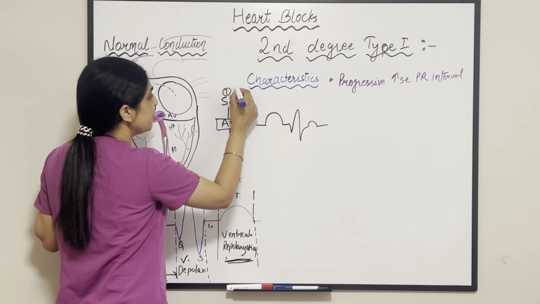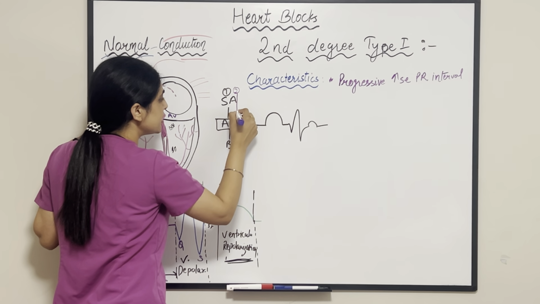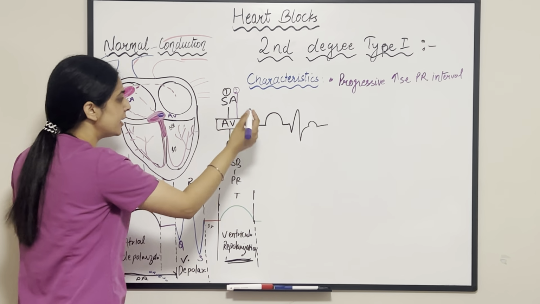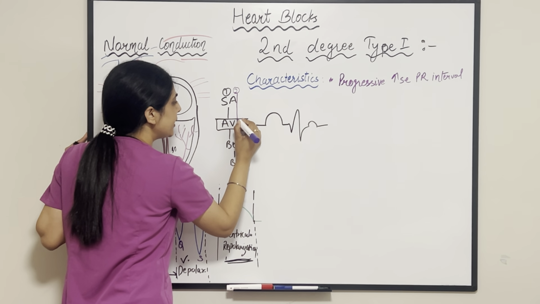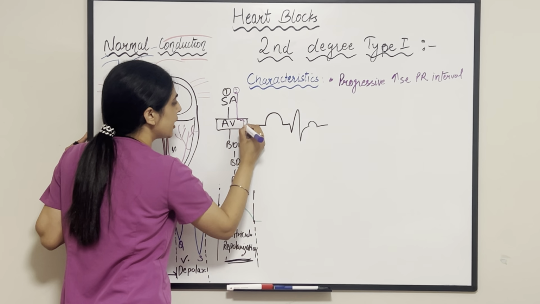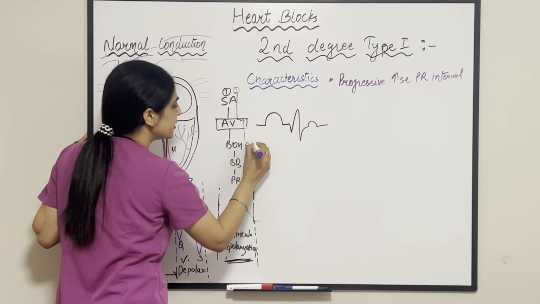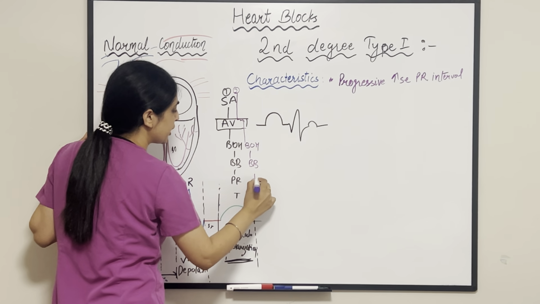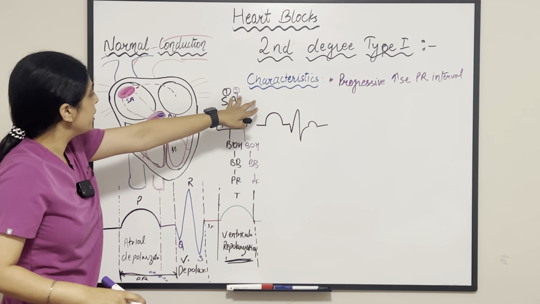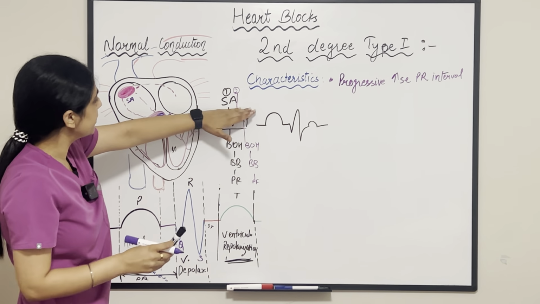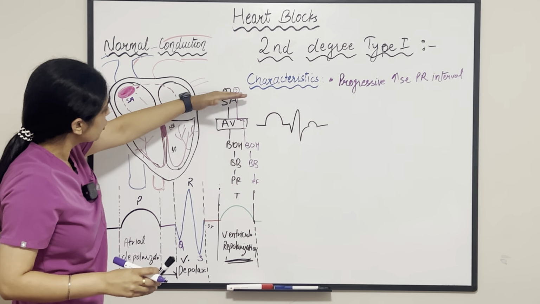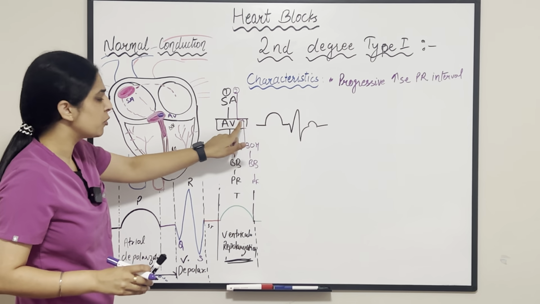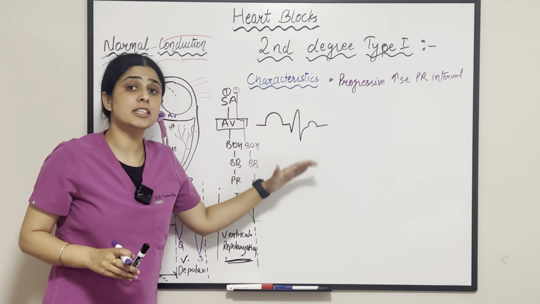For the second impulse, generated at the SA node, it faces a block or a delay at the AV node. It takes more time to reach the bundle of His, and then it is normal through the bundle branches and Purkinje fibers. So the second impulse generated at the SA node carries to the ventricles through the AV node, but the AV node delays the transmission.